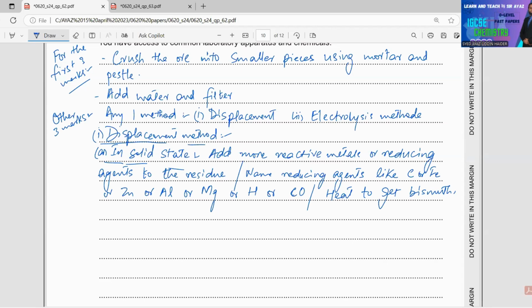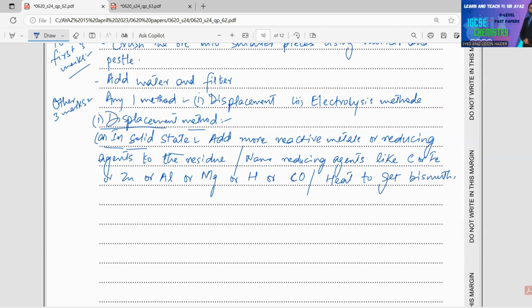The next scenario is when you are going for the aqueous solution. In aqueous solution, you can use a named strong acid or salt or more reactive metal.